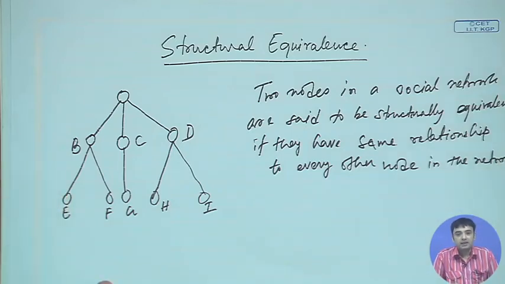So, basically the idea is that if you take a pair of nodes and investigate the neighborhood of these nodes, the question is whether the neighborhood of this pair of nodes perfectly overlaps or not. That is the question we ask.